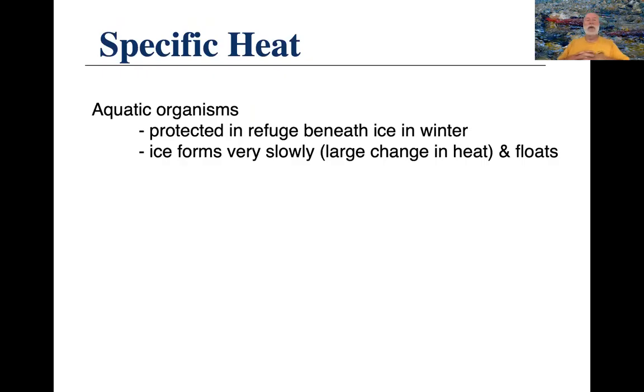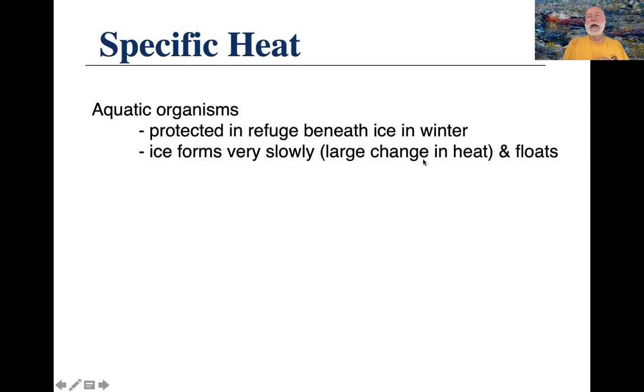Okay, so aquatic organisms are protected in a refuge beneath the ice in winter, not having to deal with the extreme temperatures. And keep in mind that ice forms very slowly.